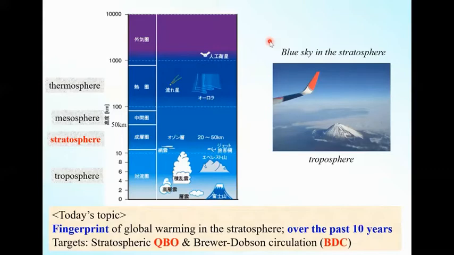So I'd like to explain the updated studies over the past 10 years, and the main targets are the stratospheric QBO and Brewer-Dobson circulation, which I will explain next.